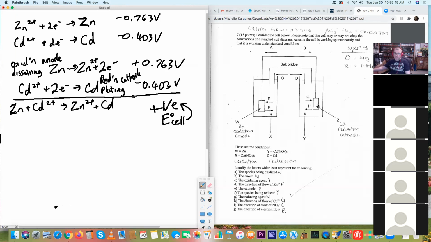On the other side, cadmium will begin to coat onto this. It will get visually thicker as cadmium coats, or plates, onto that electrode. So you'll see that electrode thickening up, and plating is the term for that.